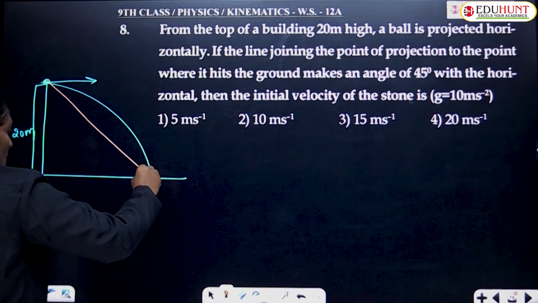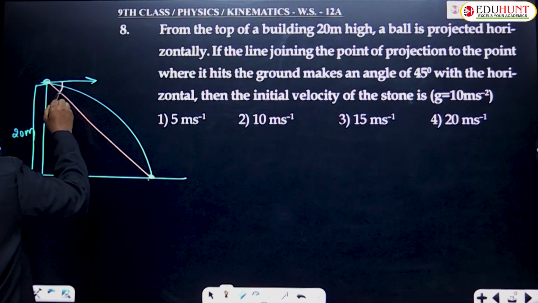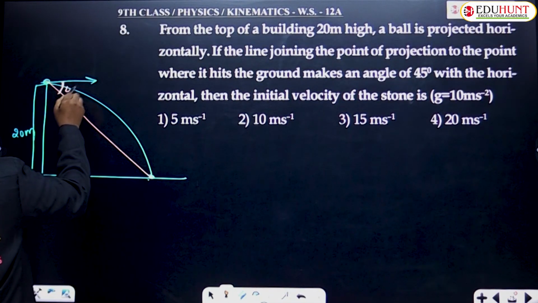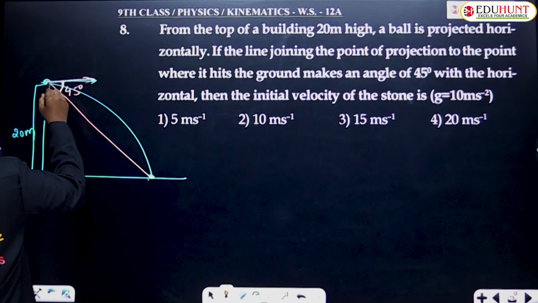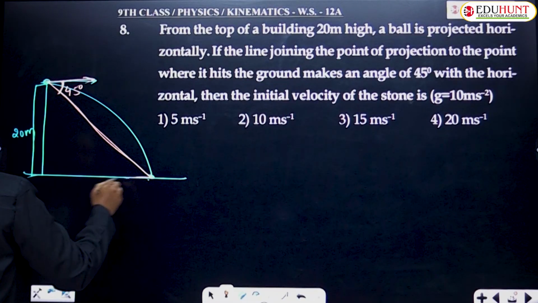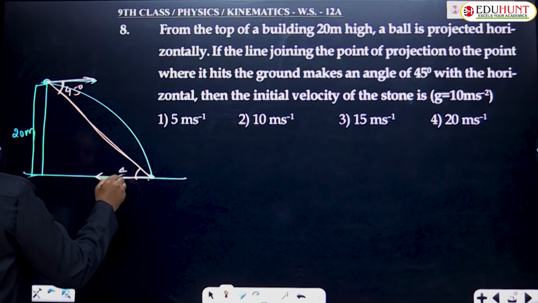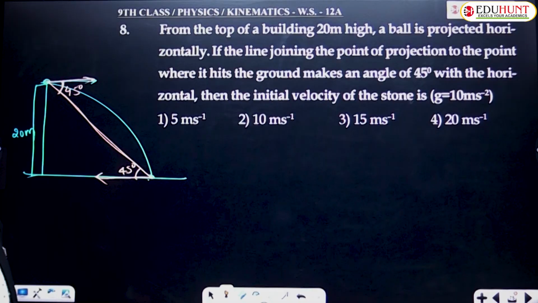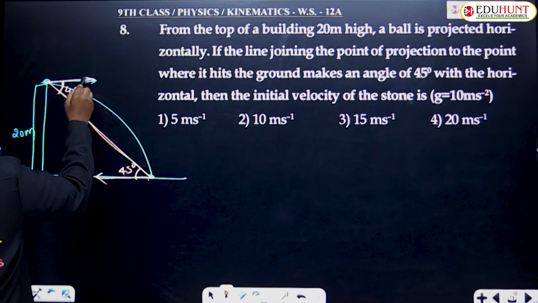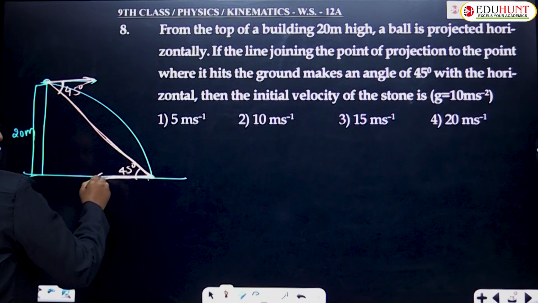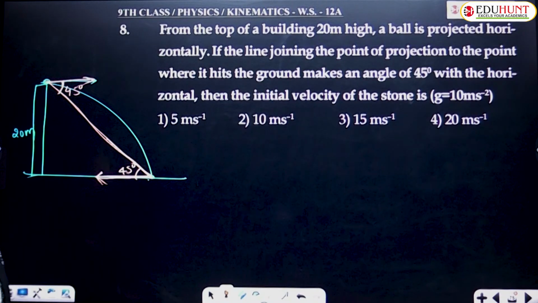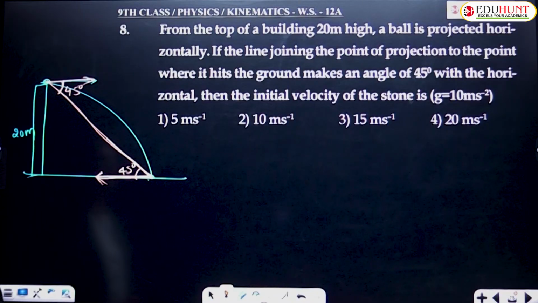So, this angle with the horizontal was given as 45 degrees. If this happens to be 45 degrees, then no doubt this angle is also equal to 45 degrees. Okay. So, what is this, children? If this happens to be 45 degrees, this will also be 45 degrees. The reason behind this is alternate interior angles.